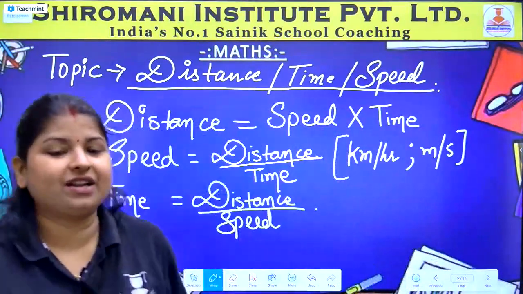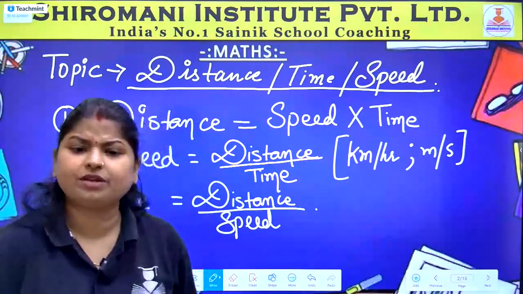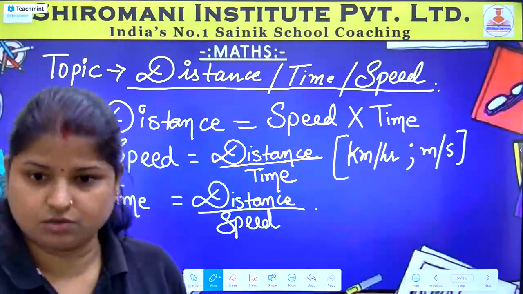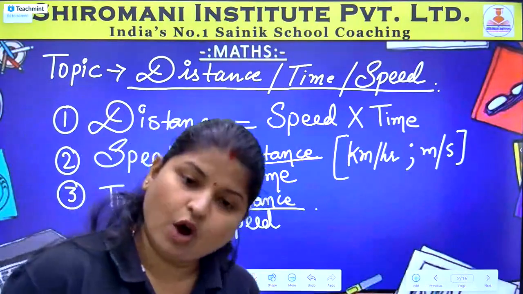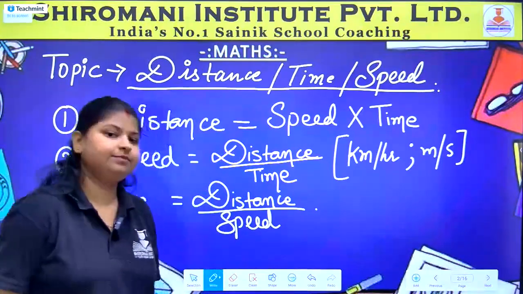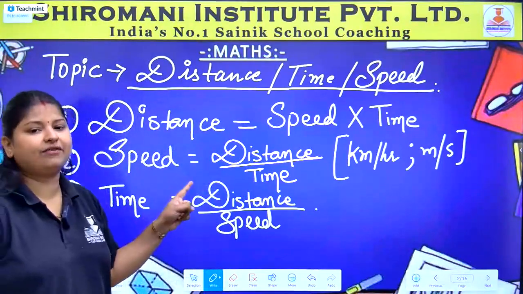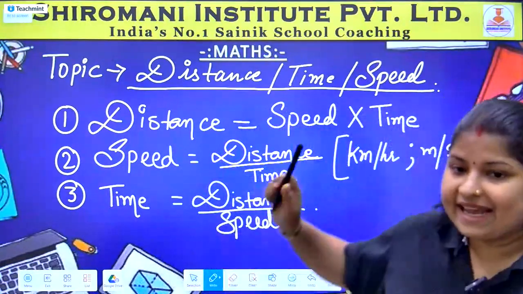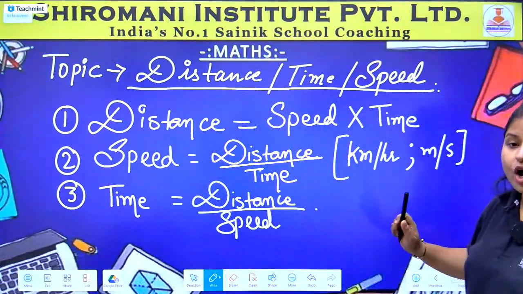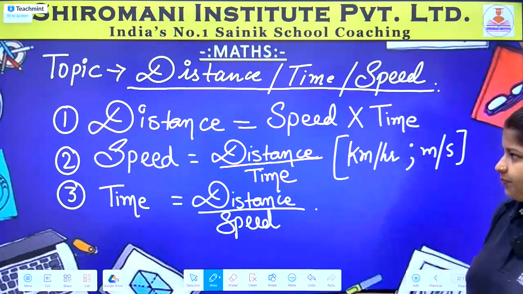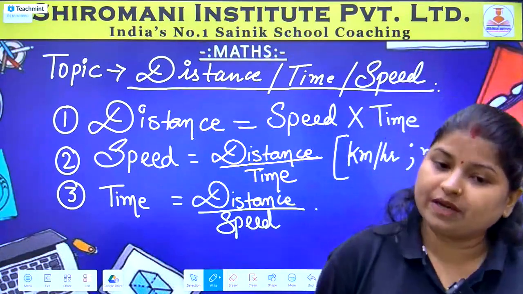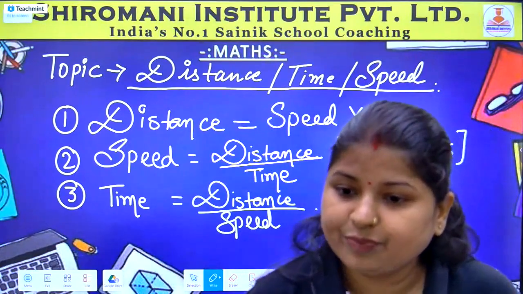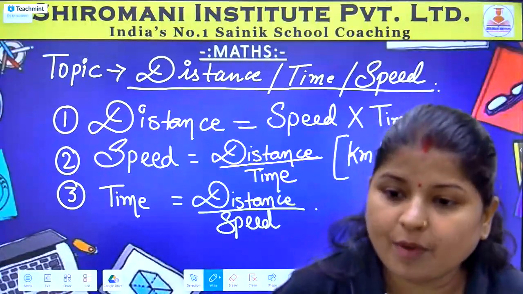If the distance is given in meter, convert that into kilometer. If the time is given in minutes, convert that into seconds. But always remember that if you have to calculate speed, it should always be either in kilometer per hour or meter per second.